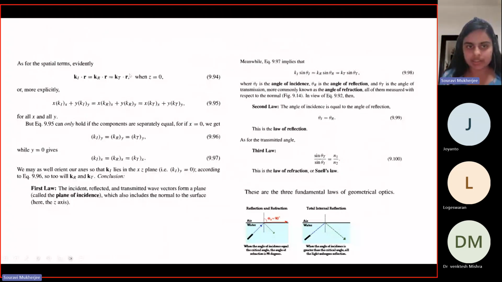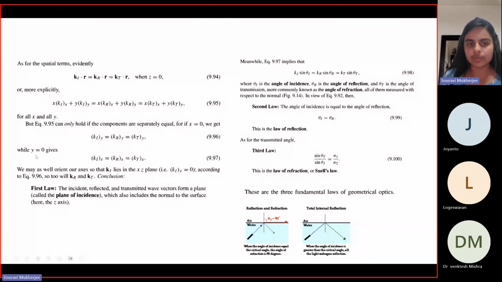Now you can write it explicitly in terms of the different components. If your wave is propagating along a particular direction and you equate the wave number components, you can just choose, suppose, x to be 0. In that case, k1y, kry, and kty should be equal.